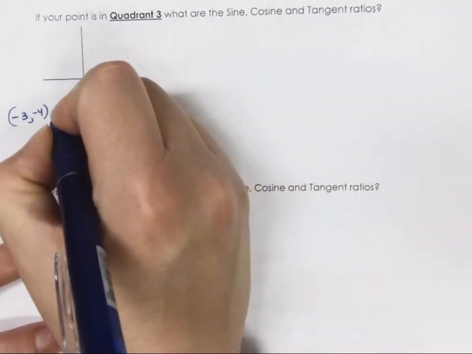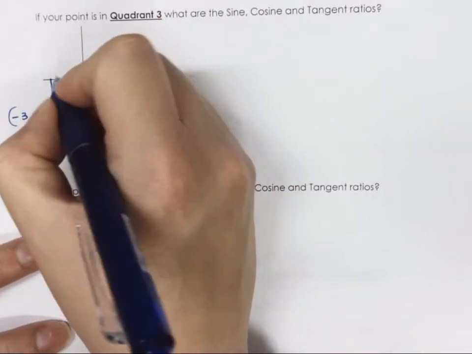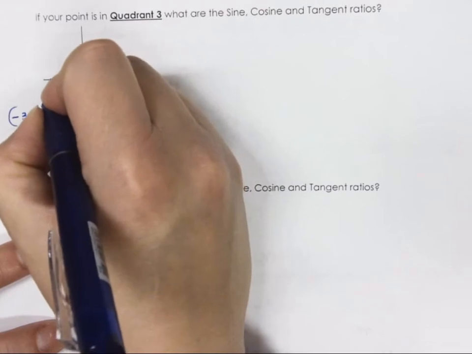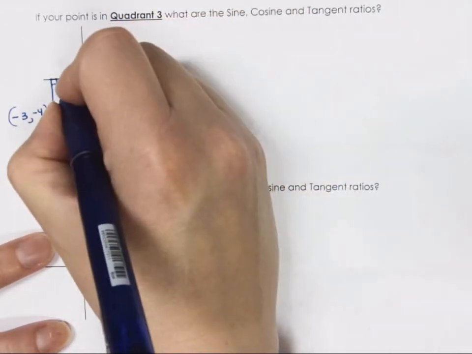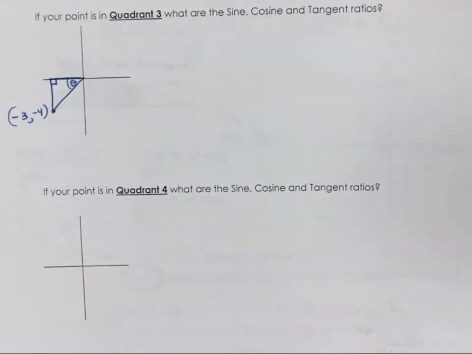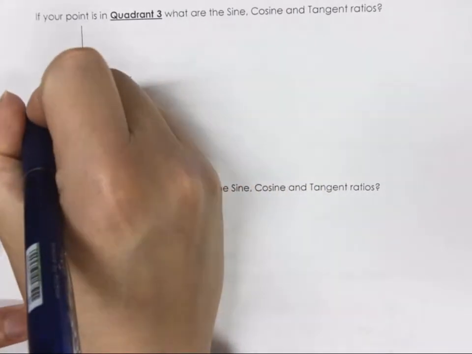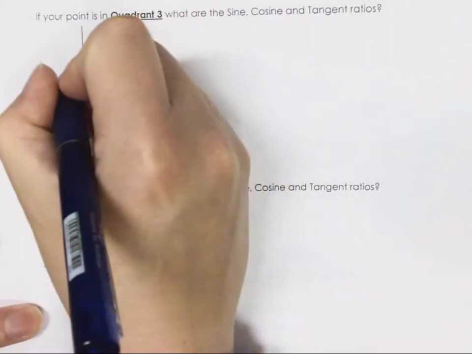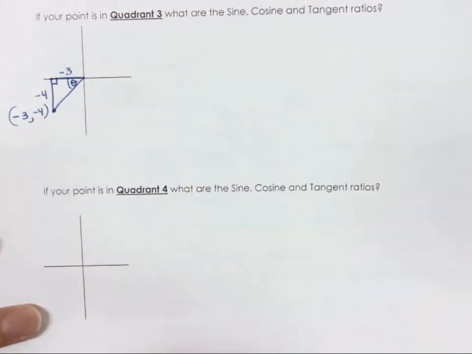So drawing my triangle, remember that theta is always at the origin. So I guess this time my depth of the triangle is going to be -4 and my base length will be -3. So let's see if we can do it in our heads, ladies and gentlemen.